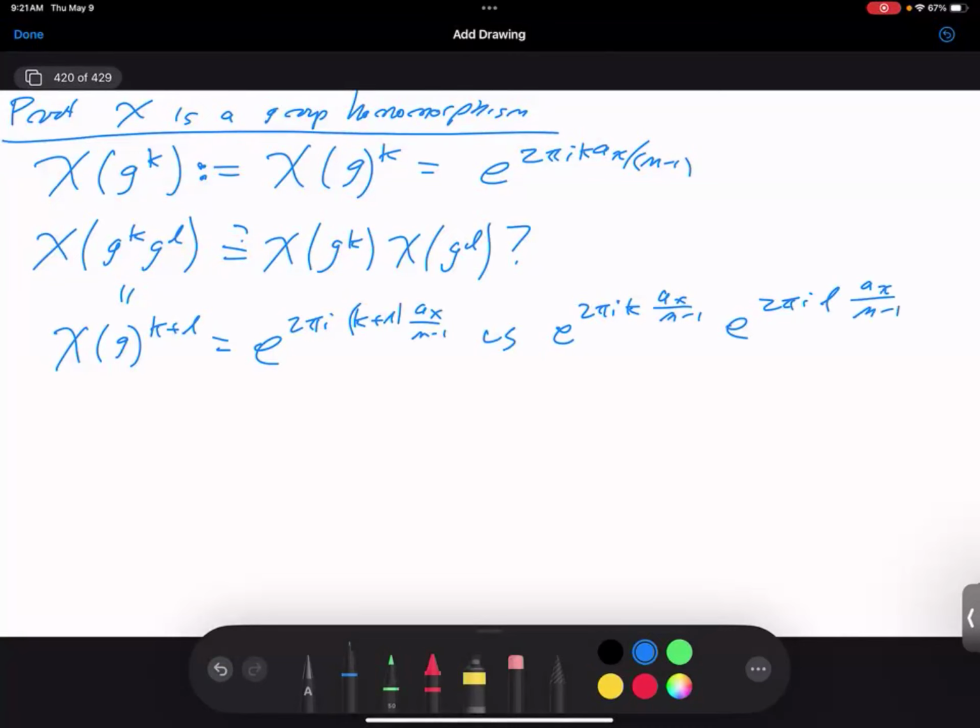And the way we multiply two exponentials like this is we add the exponents, and we see yes. So this is going to be a group homomorphism.